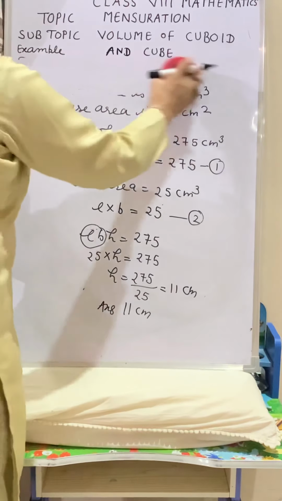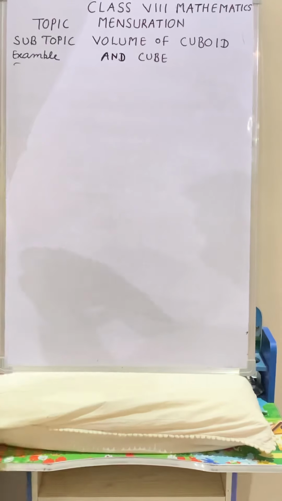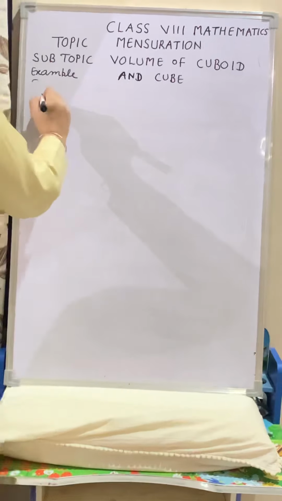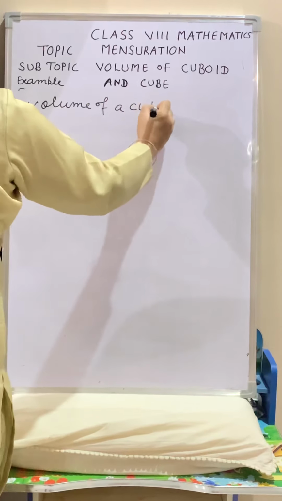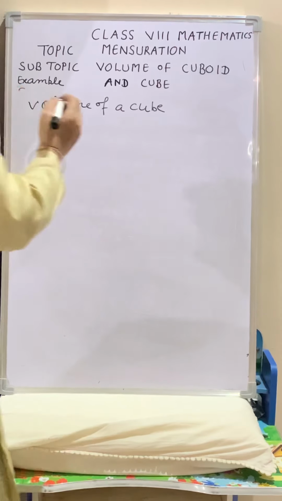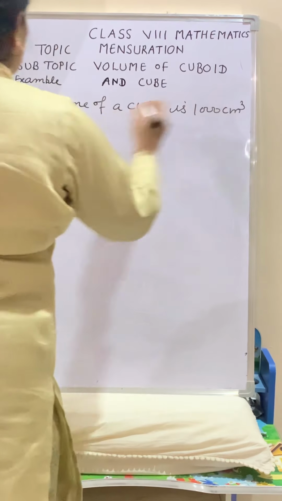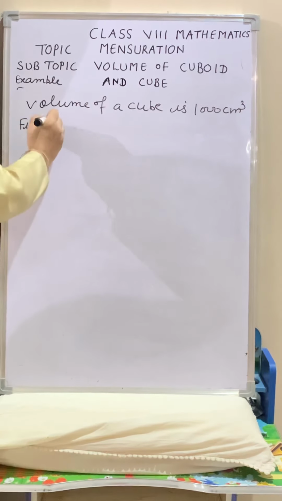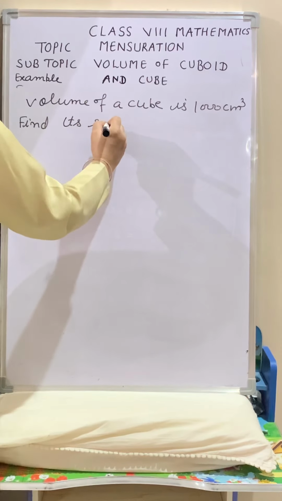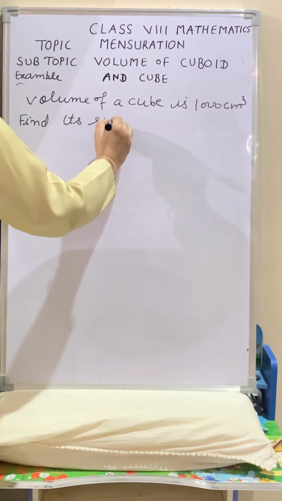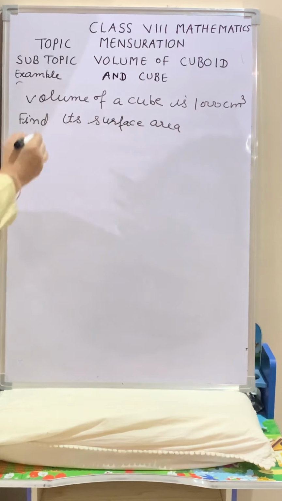Next question is: the volume of a cube is 1000 centimeter cube. Find its total surface area. What is given?